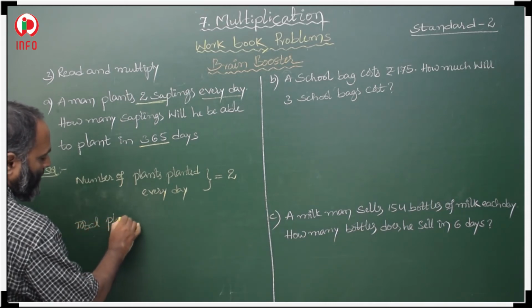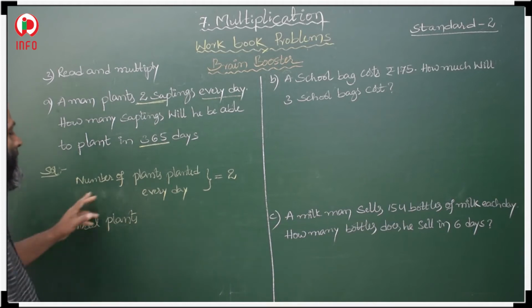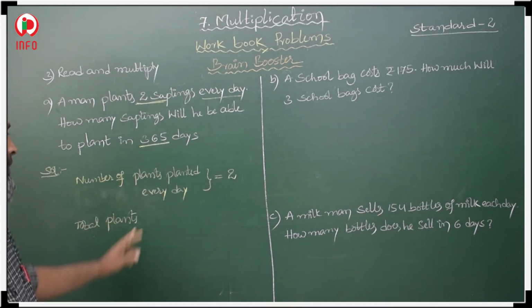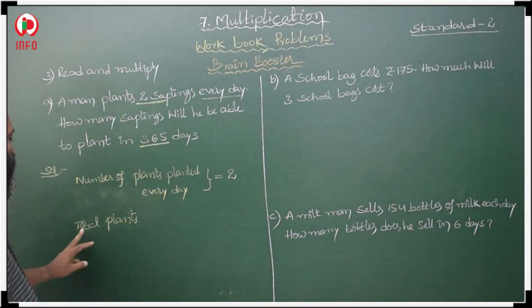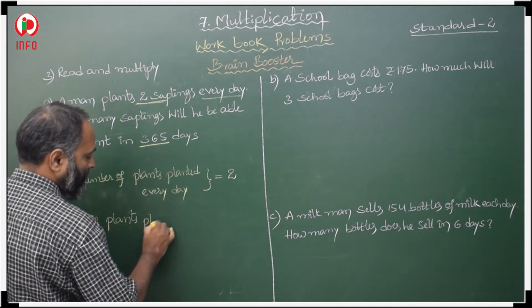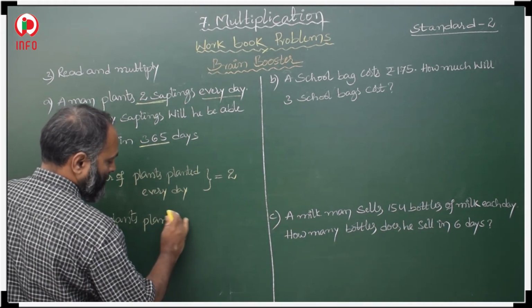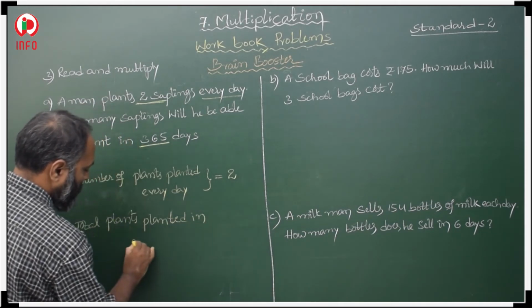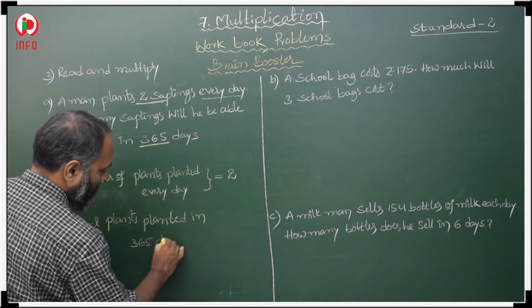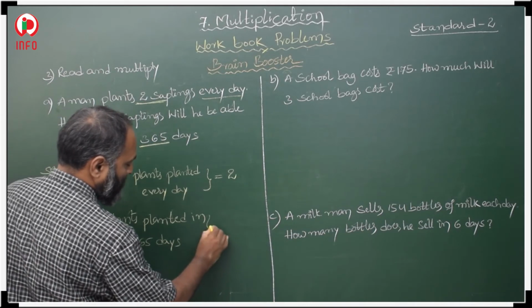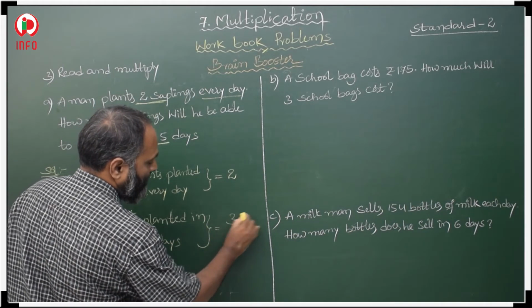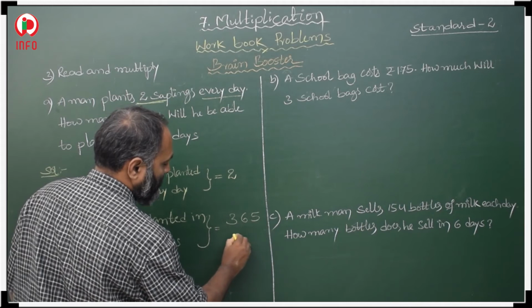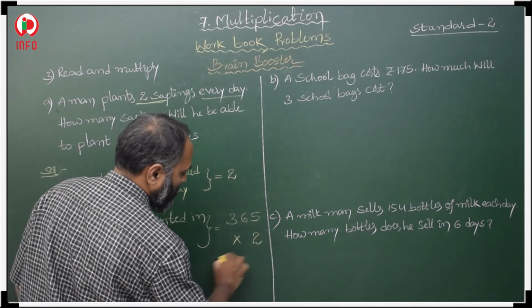Here the number of plants planted every day is 2 plants. Then total plants planted in 365 days. What do we have to do? We have to multiply 365 with 2.